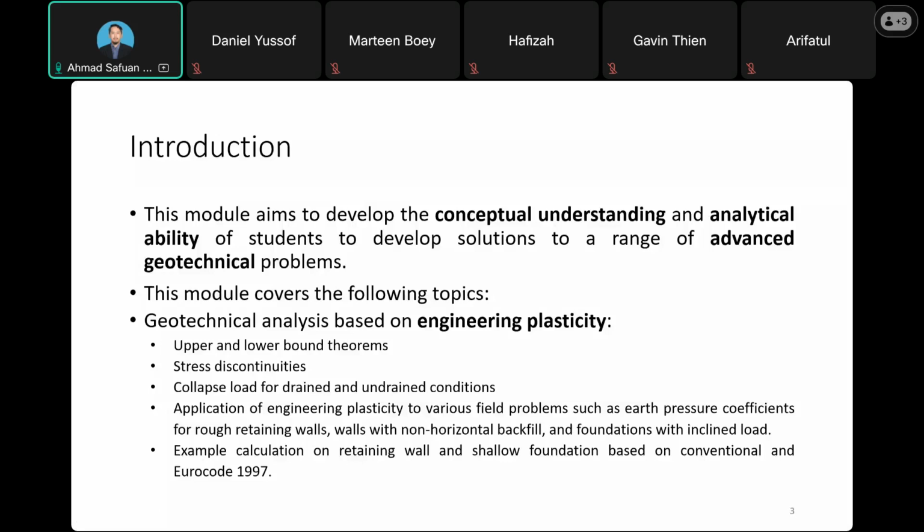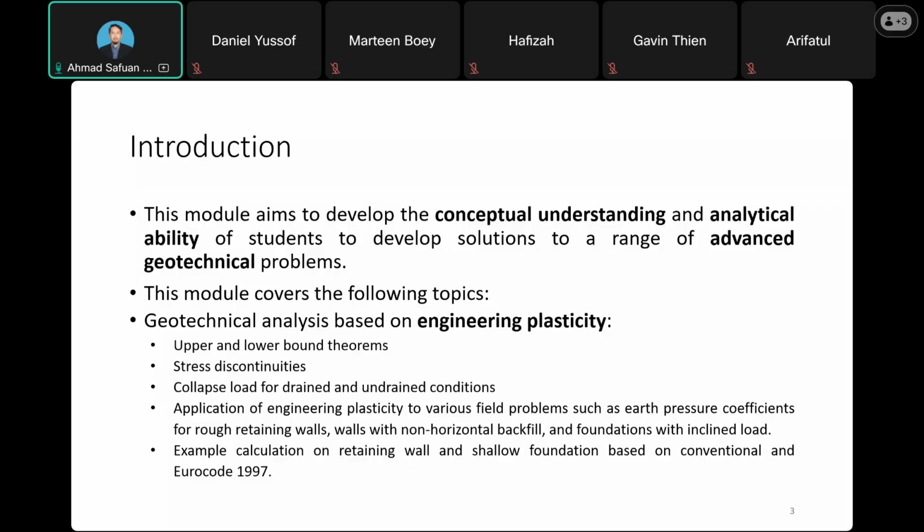For the first discussion, we will go for the very basic approach on the retaining wall. For the next 4 weeks, we will discuss the non-horizontal backfill. Then this application can also be used for foundations, whether applied with vertical or inclined loads.